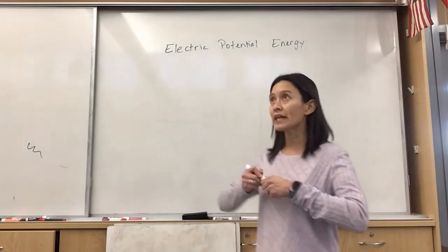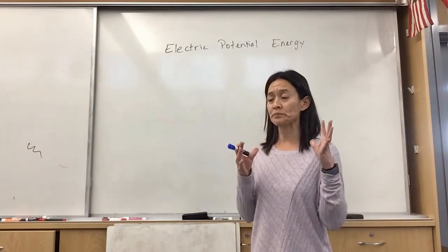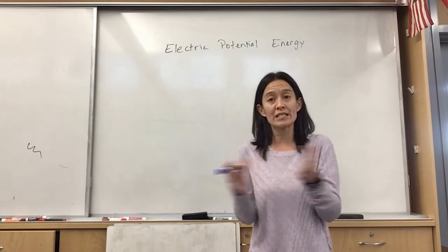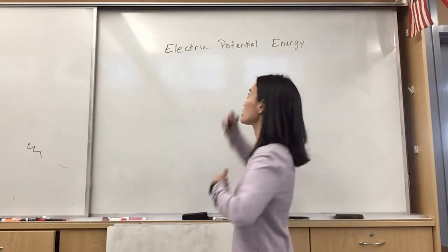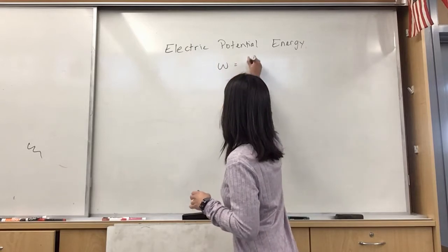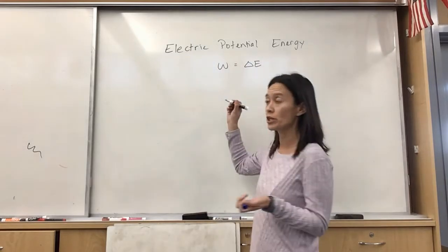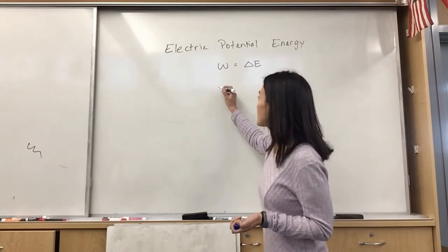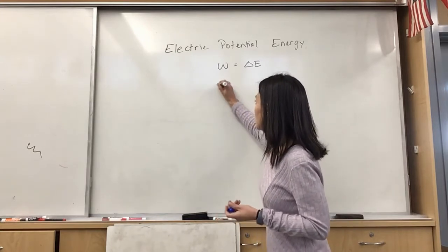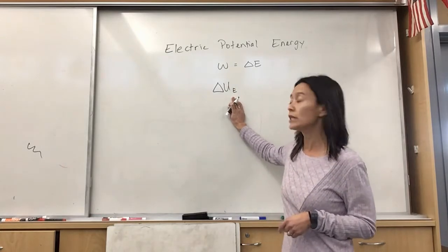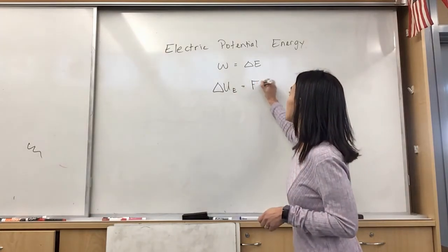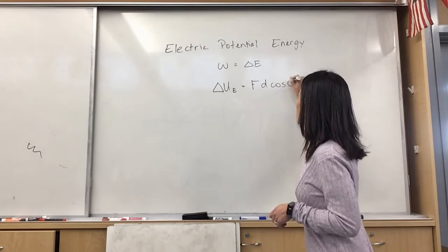When we think about how a force can translate into energy, we do that through the lens of work. We know that work is equal to our change in energy, in this case our change in electric potential energy, and it can be equal to F d cosine of theta.